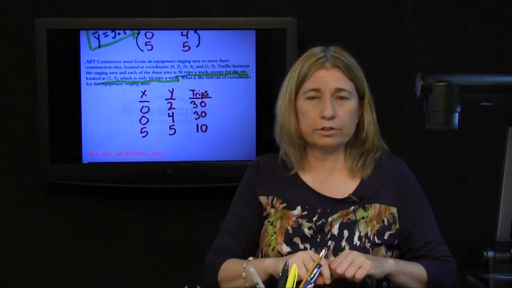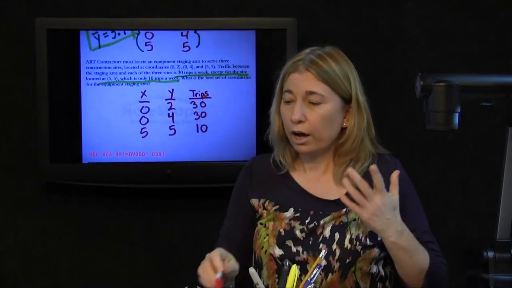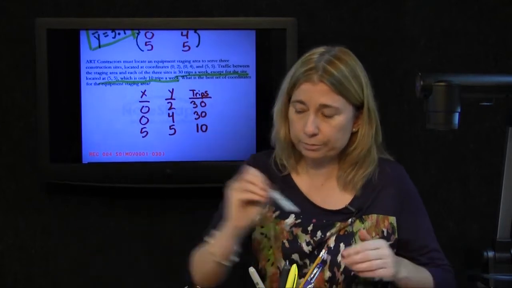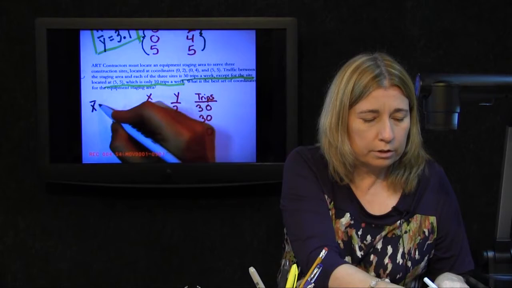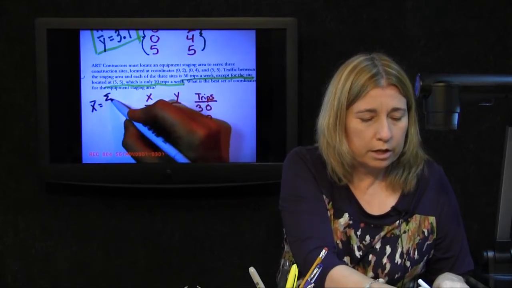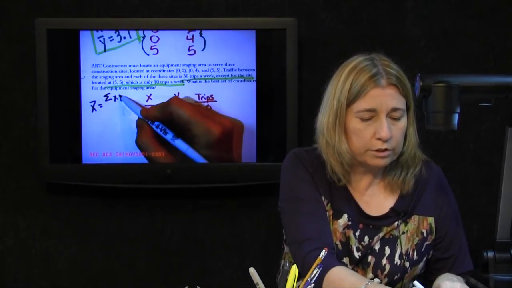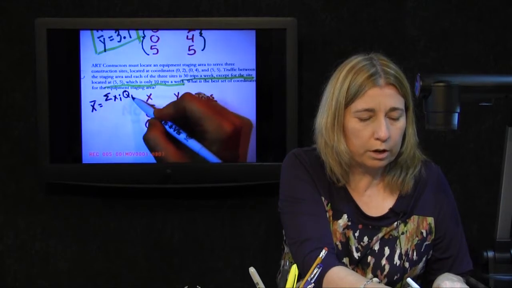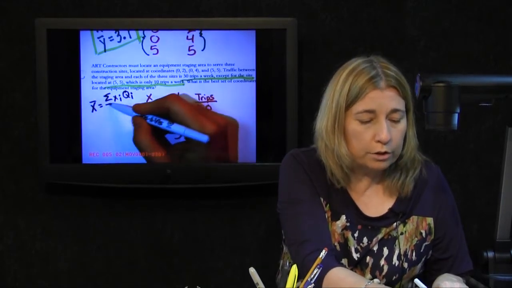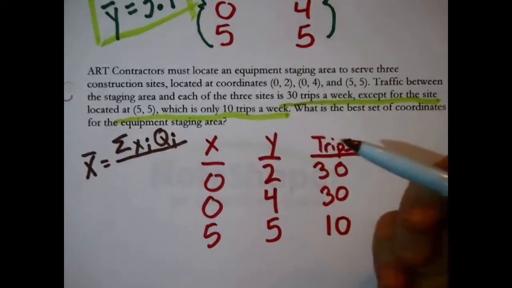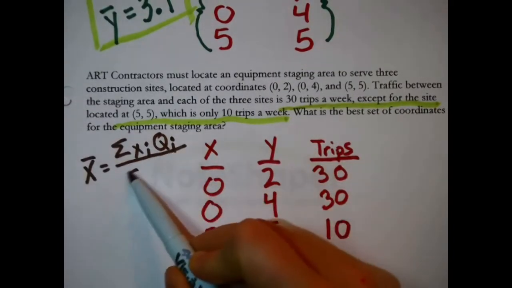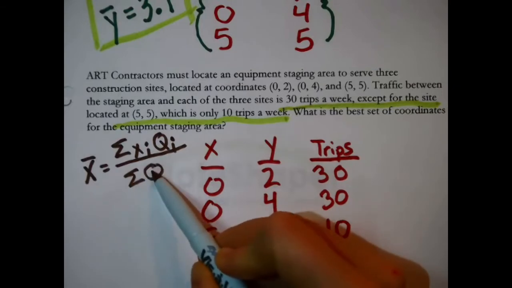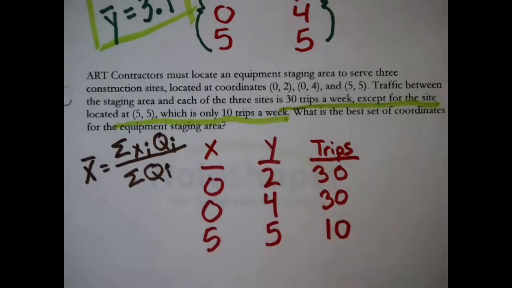Now I calculate the weighted average. Now, how do you calculate the weighted average? The formula is your perfect X coordinate is the sum of each individual X coordinate multiplied by Q, the quantity, the traffic, the amount that's shipped. Wait, that's just the numerator. In the denominator, you add up Q, the amount shipped.